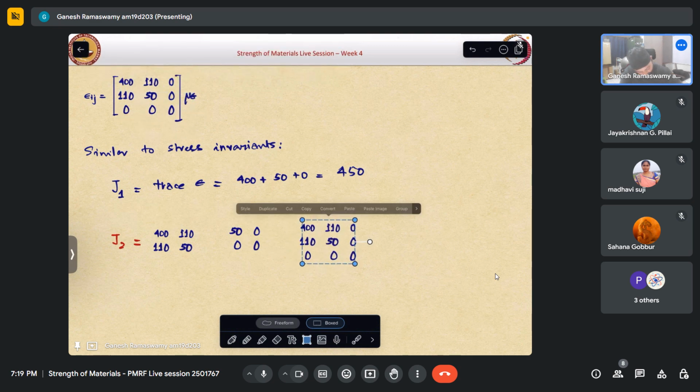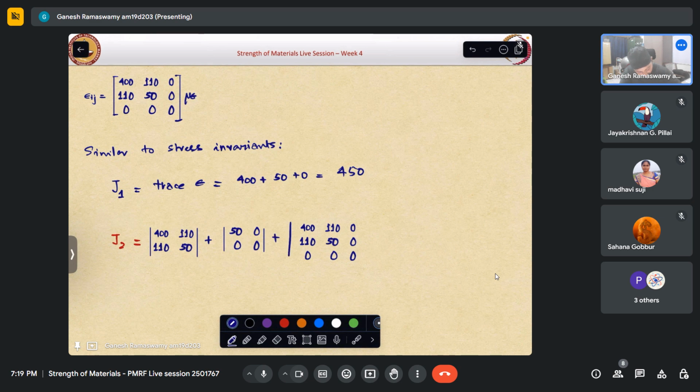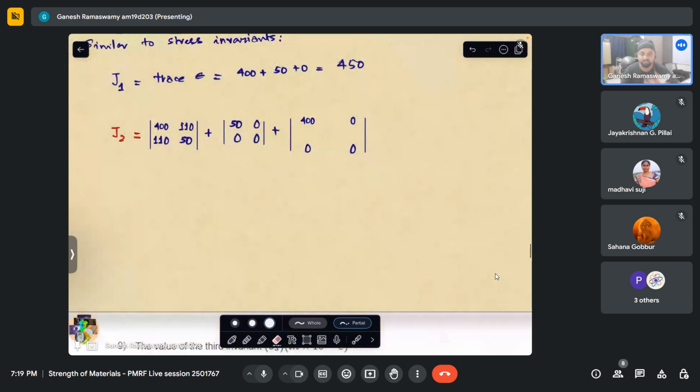It is the determinant of this plus the determinant of this plus the determinant of that. So second and third anyway go to 0. We can clearly see that. So we just need to calculate this. So this is 400 into 50 minus 110 squared, which is 7900.